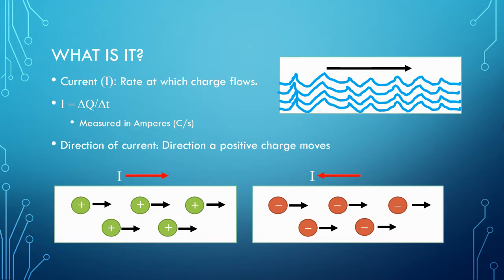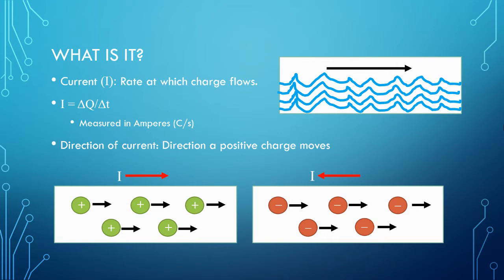I mentioned just now that current also has a direction. The direction of current is the direction a positive charge moves. This is an easy way to help us know what direction the current is moving in different situations with positively charged and negatively charged particles. In the example on the lower left, positively charged particles are moving to the right, so the current is also moving to the right.